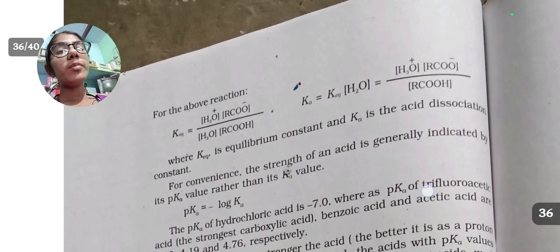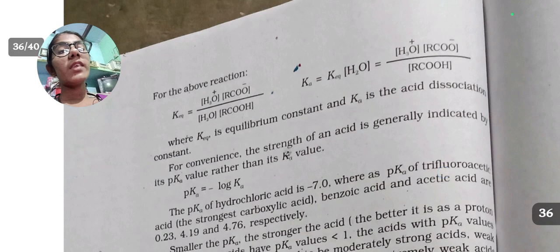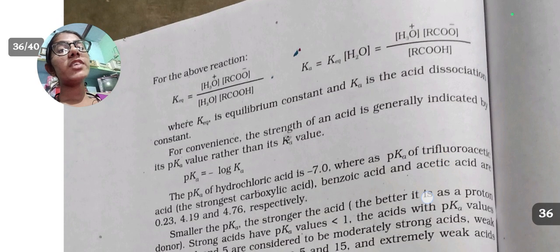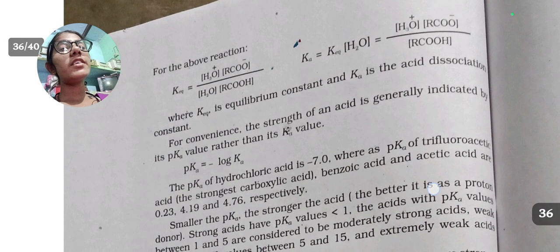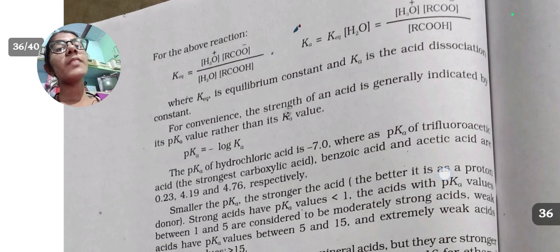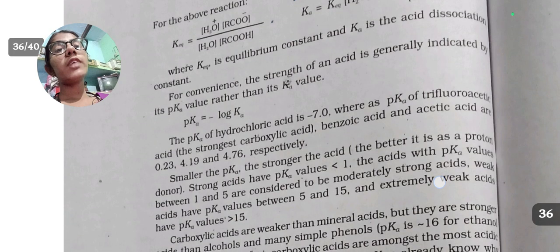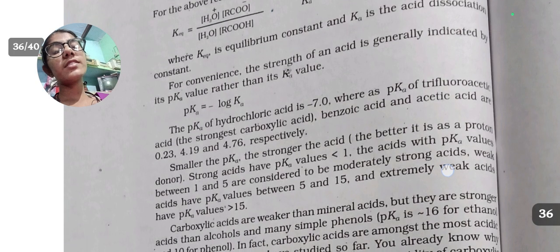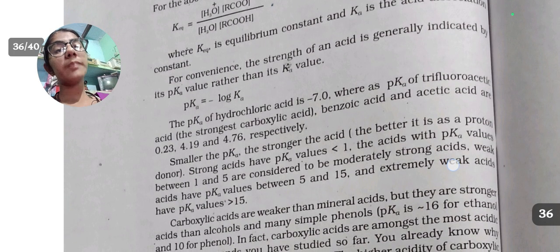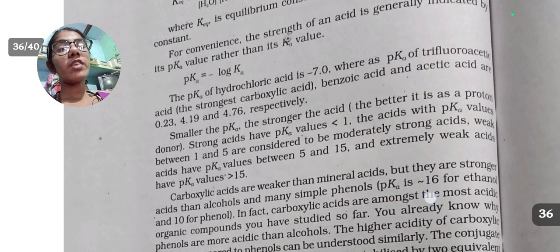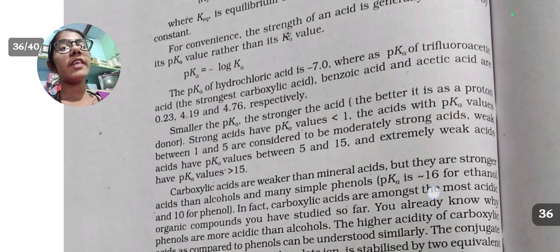For the above reaction, K is the equilibrium constant and Ka is the acid dissociation constant. For convenience, the strength of an acid is generally indicated by the pKa value rather than the Ka value. pKa is equal to minus log Ka. The pKa of hydrochloric acid is minus 7.